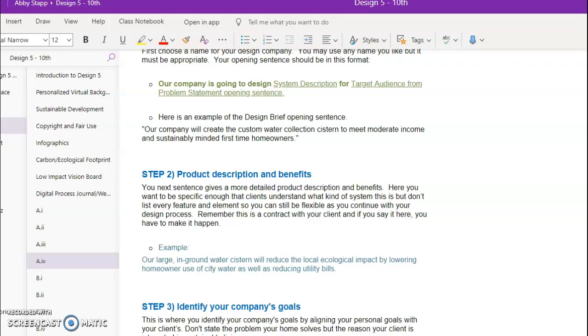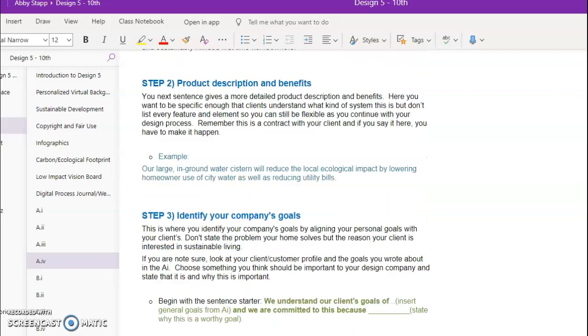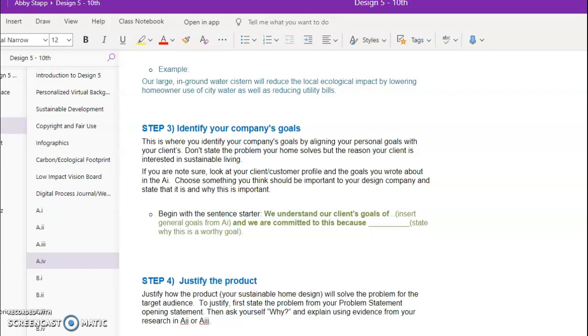Our large in-ground water cistern will reduce the local ecological impact by lowering homeowner use of city water as well as reducing utility bills. Those were some of the benefits that my client was looking for, and I will use my system to provide.